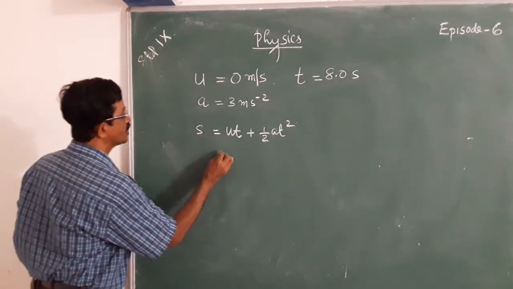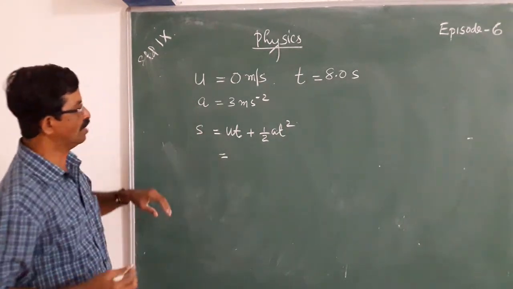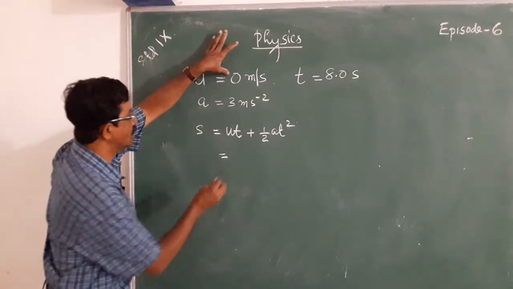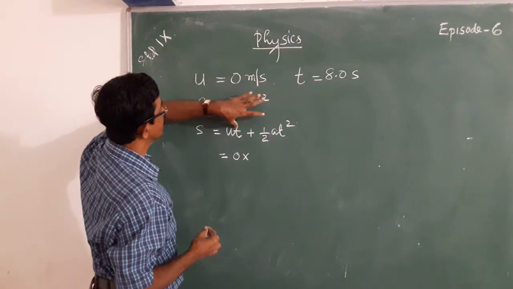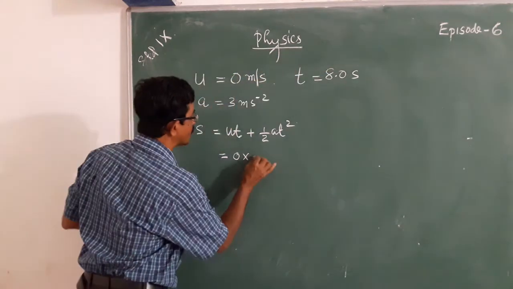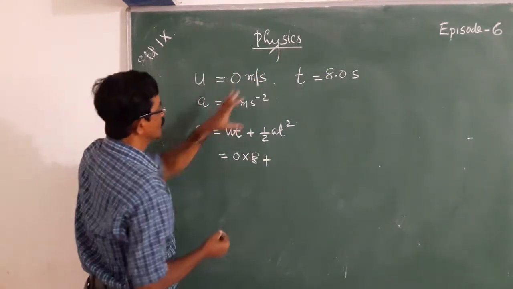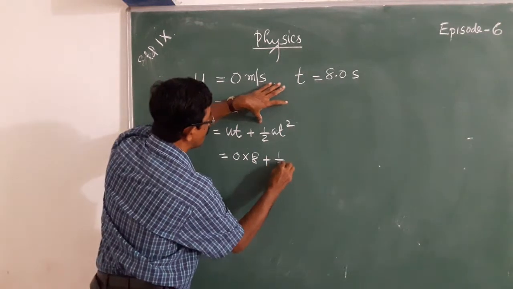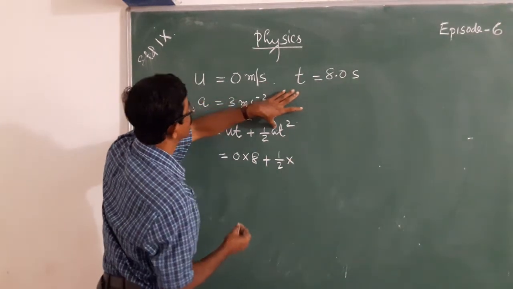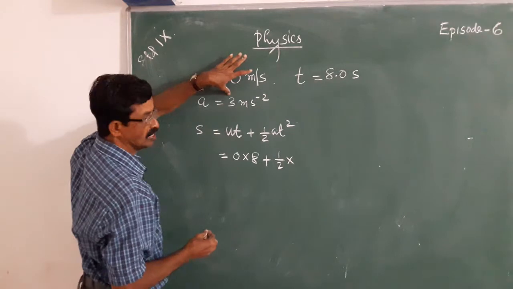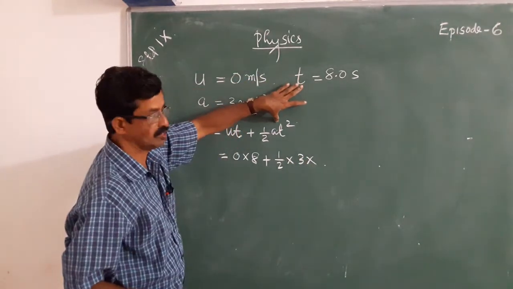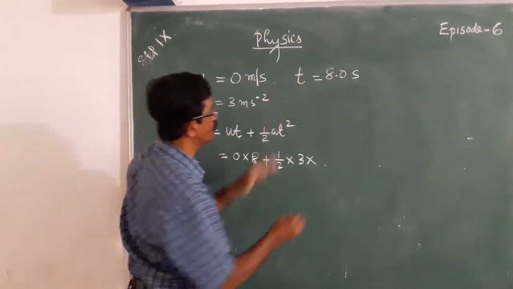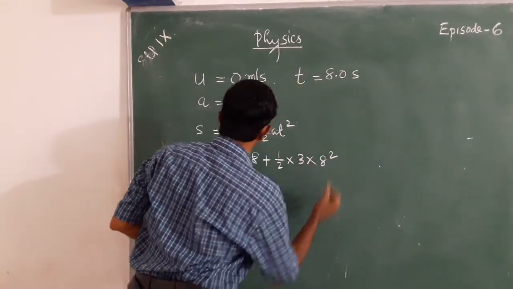What is the value of u? u is 0, into t, which is 8, plus half into a, which is 3, into t square, here t is 8, so 8 square.